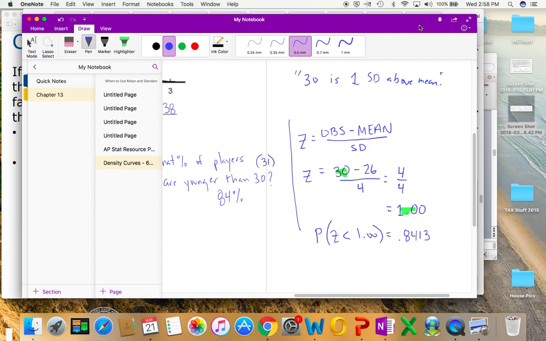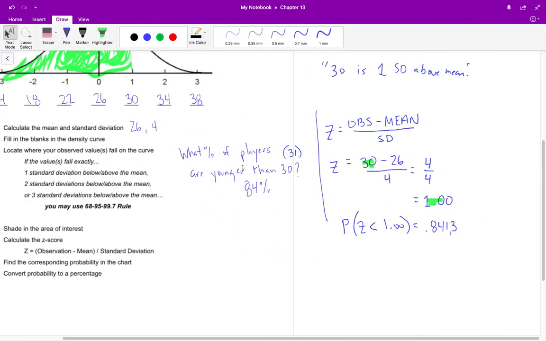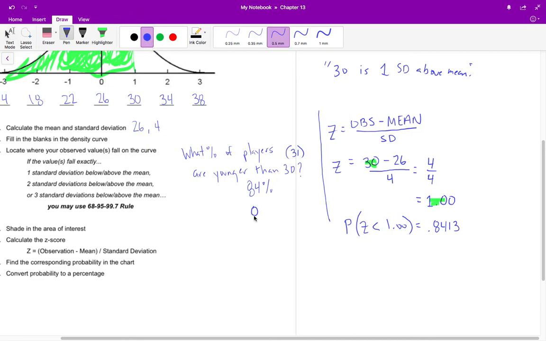And more specifically, how do I answer this question? What percentage of players are younger than 30? I would say it's 84.13%. These two numbers, the 84% and the 84.13, are so close in value that you can use either one. You can use z-scores, or you can use our 68, 95, 99.7 rule.